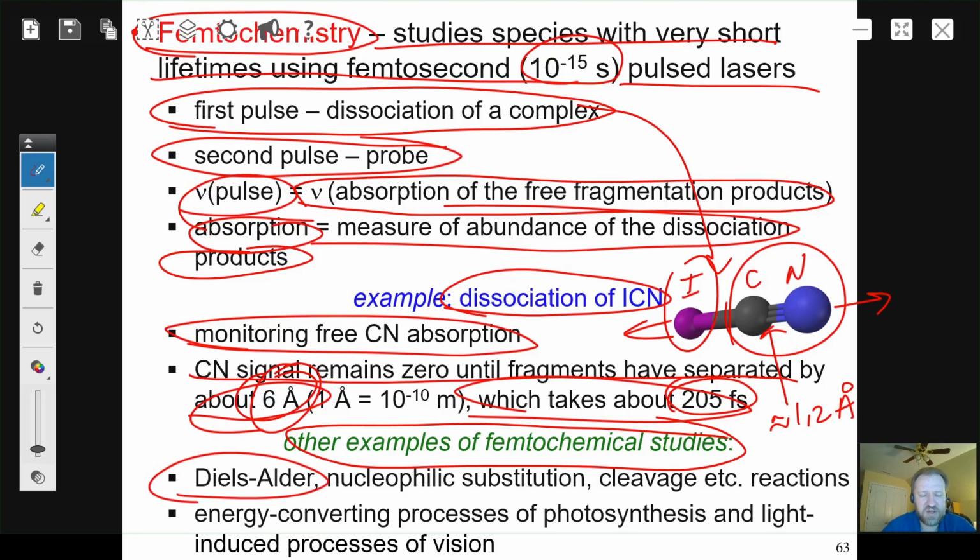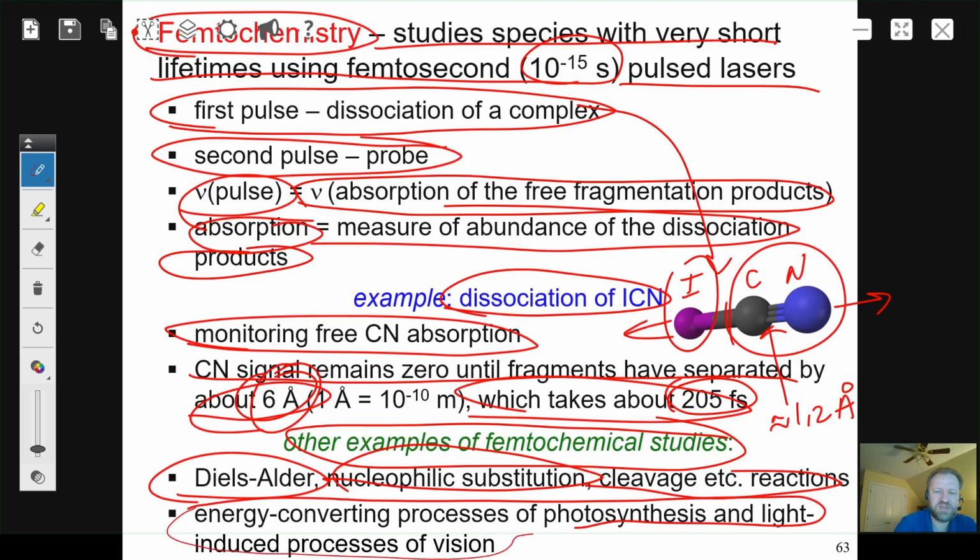This kind of technique has been used to study the Diels-Alder reaction, nucleophilic substitution, cleavage reactions, etc. And apparently also these kinds of studies are important when learning about the energy converting processes of photosynthesis and the light induced processes of vision, because again those processes take place on a very short femtosecond time scale.